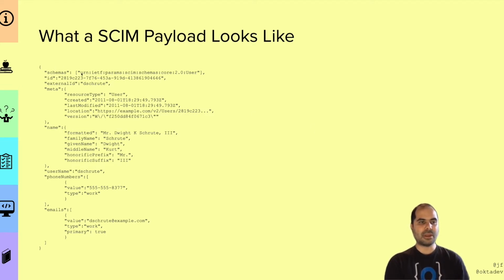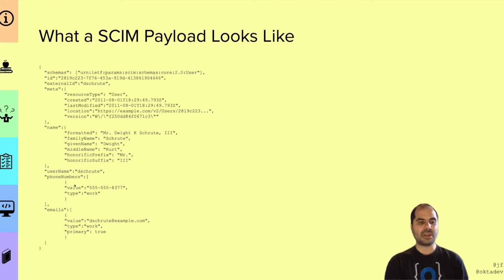You've got a schema part here, which defines what you might expect to see in a payload. Then you've got all kinds of common sense stuff. You've got meta information about when the user was created and modified, the canonical URL for that user object, and so forth. You've got the name of the user, both the fully formatted name as well as their last name and first name.